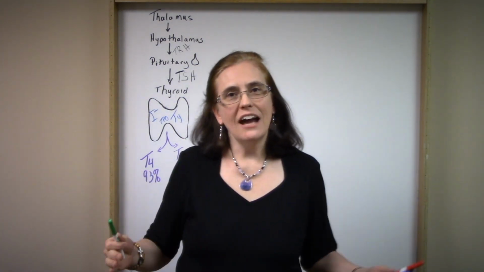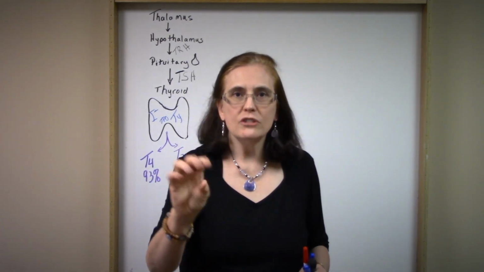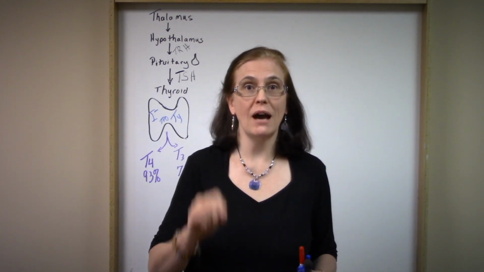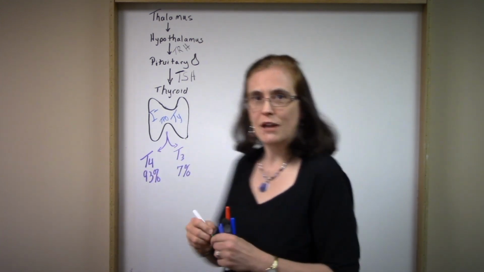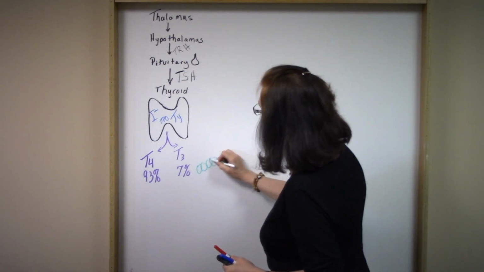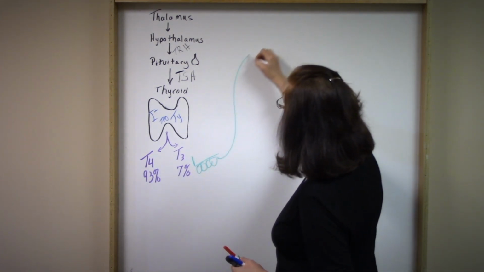So how does the thyroid hormone actually get into the cells? When the thyroid hormone is released from the thyroid gland, there's a protein in the bloodstream called thyroid binding globulin that picks it up. I'm going to draw it here for you like a little truck. Thyroid binding globulin collects the T4 and the T3 and carries it through the bloodstream.